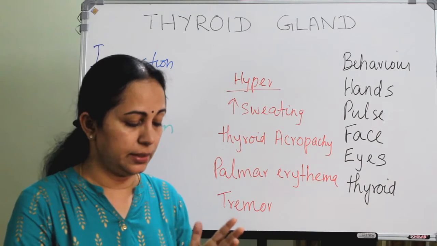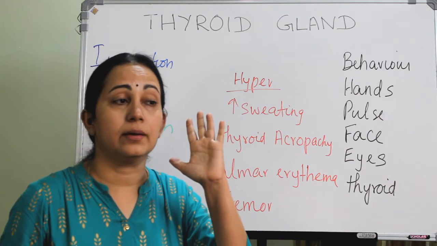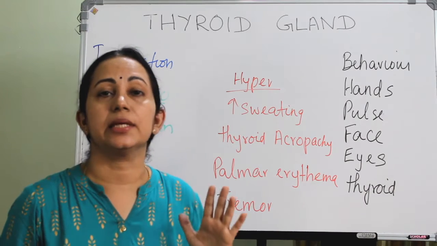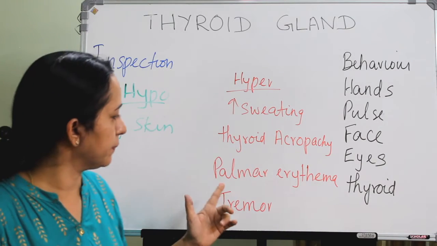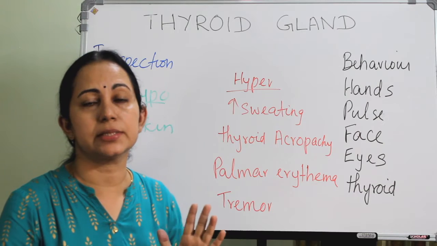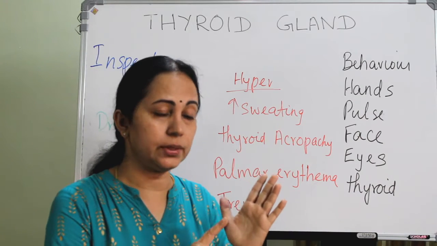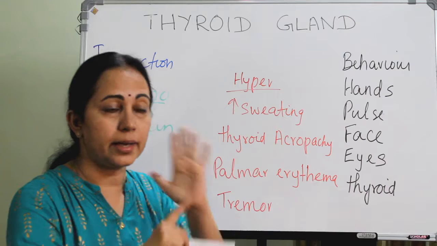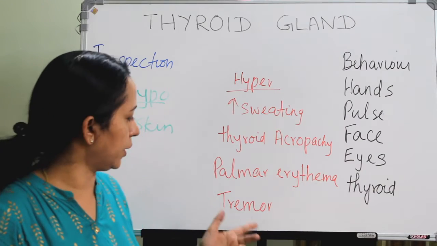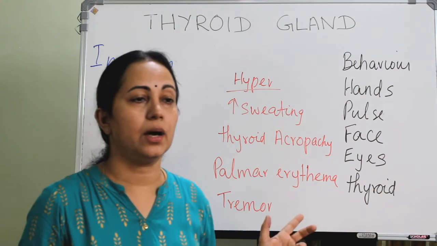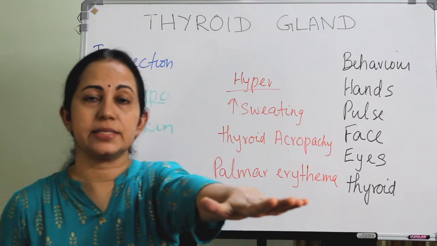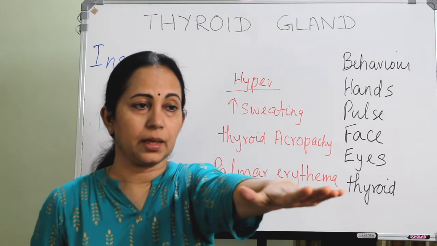What is that? The phalangeal overgrowth, seen in case of Graves' disease. And palmar erythema, there is redness of the skin of the thenar and hypothenar eminences. Again in hyperthyroidism. And look for tremor. How will you look for the tremor? Ask the patient to stretch the hands in front of them and stand.